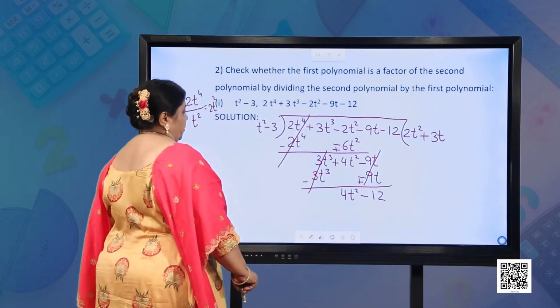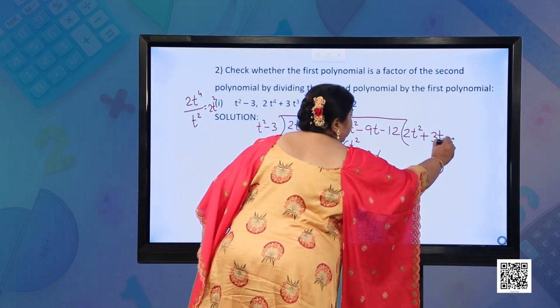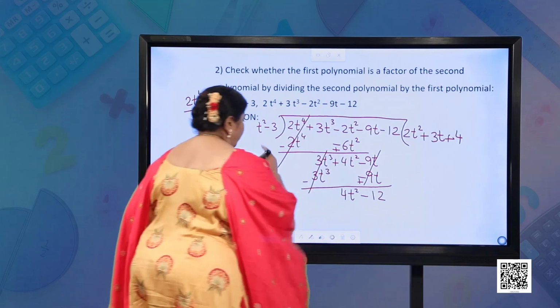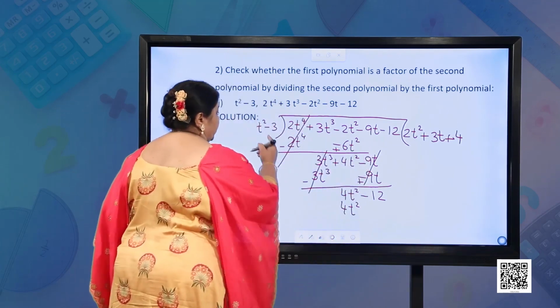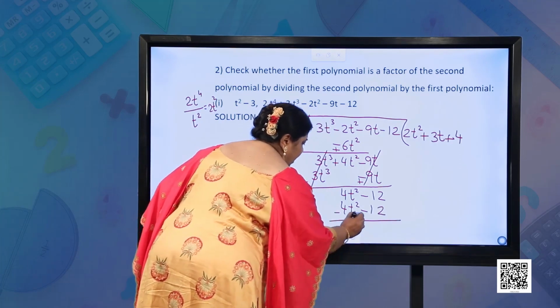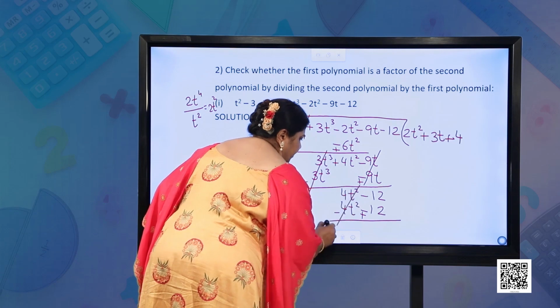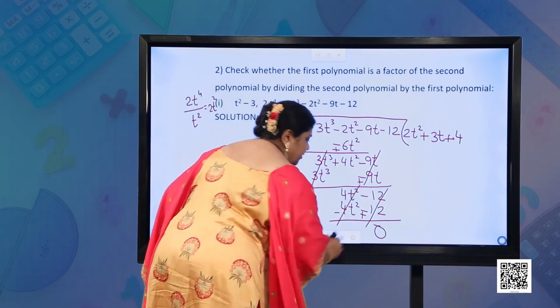Now children, can you tell me with what I should multiply? Yes, I think I should multiply with 4. So, 4t square, 4 3s are 12 with a minus sign, and what do you observe? We have 4t square gets cancelled and minus 12 plus 12 also gets cancelled. So, remainder is 0.